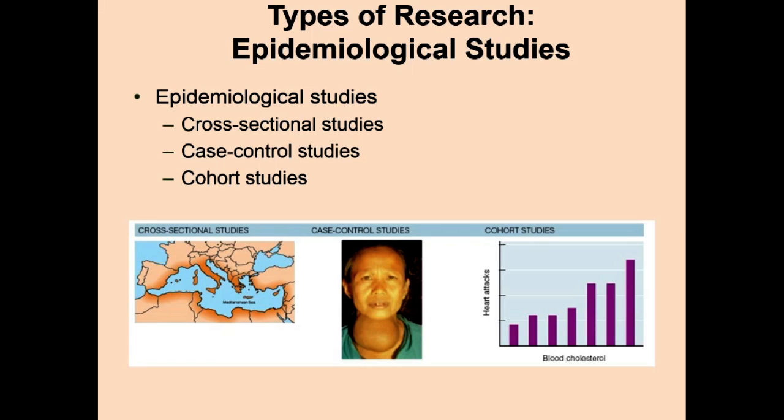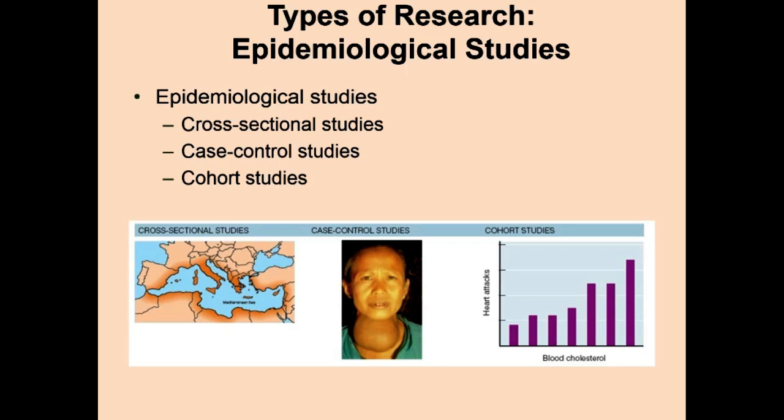The strengths of these types of studies are that they can narrow down the list of possible causes, and they can raise questions that researchers can pursue. Some of the weaknesses include that there's no control over the variables that can influence the development or the prevention of a disease, and they cannot prove cause and effect.